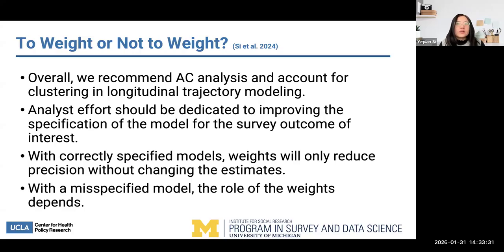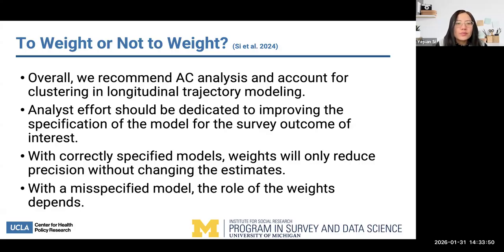So in longitudinal studies, overall, we recommend available case analysis, so utilizing all available information and accounting for the correlation due to clustering.